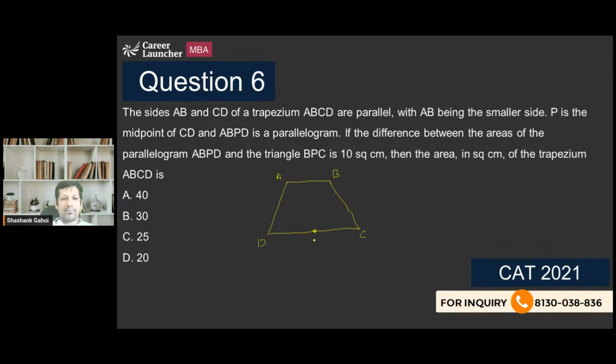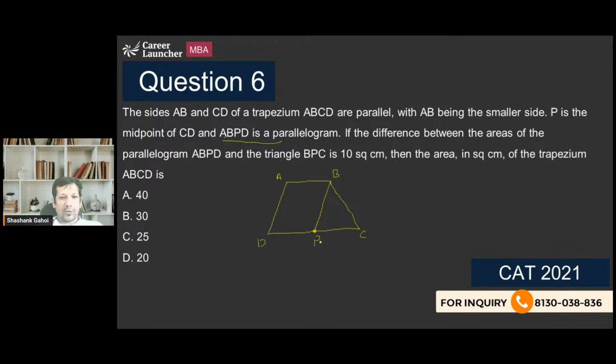Let's call it P. If the difference between the areas of parallelogram, so what I am doing is joining A, B, P, and D. Now this figure is a parallelogram. That's what the question is saying.